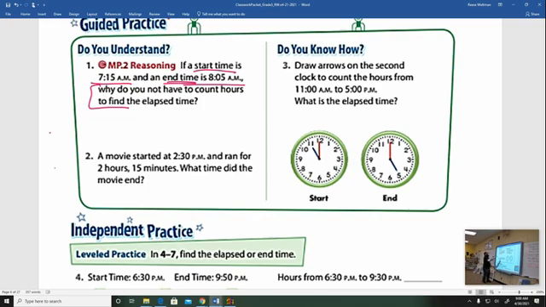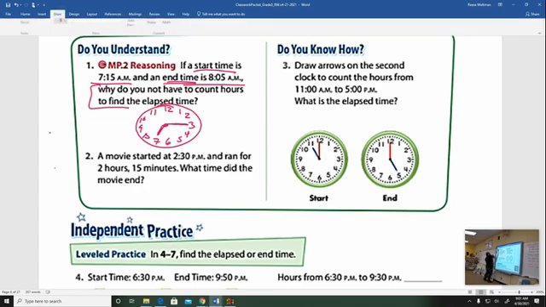Look at the clock. Okay, let's draw one out. So, if it's 7:15, right now we're going to have the short arm right here, and the long arm right on the 3, okay?